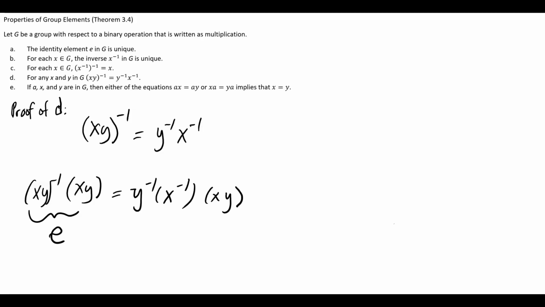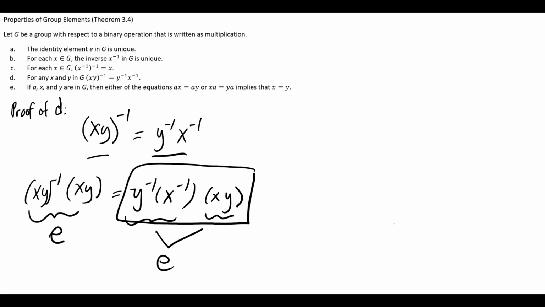If these two are equal to each other, and we know that the inverse is unique, then this has to be the inverse of this, and so this should also give me e. So what we're going to do is see if we can prove that that's true.